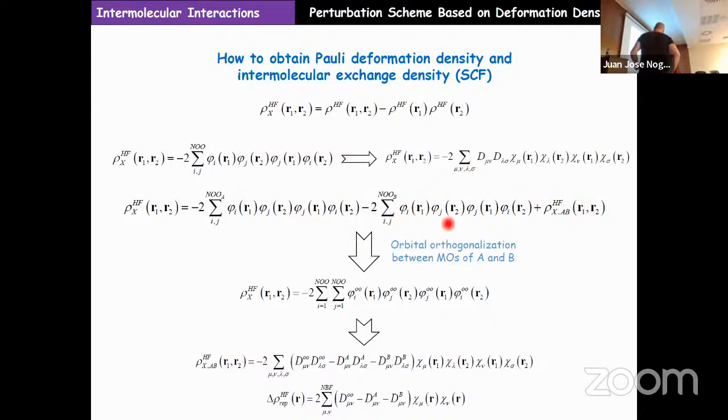This is obtained with the unperturbed orbitals of A and B, and the question is how can I obtain this one?